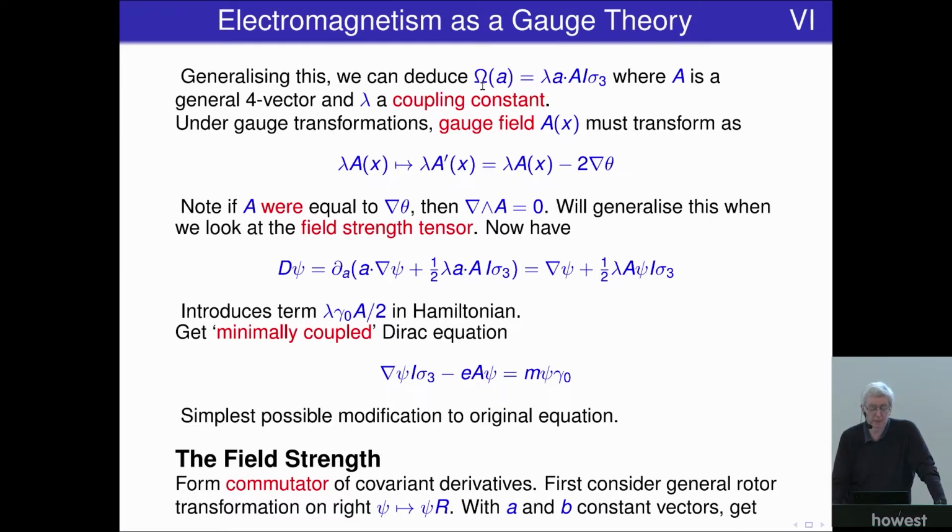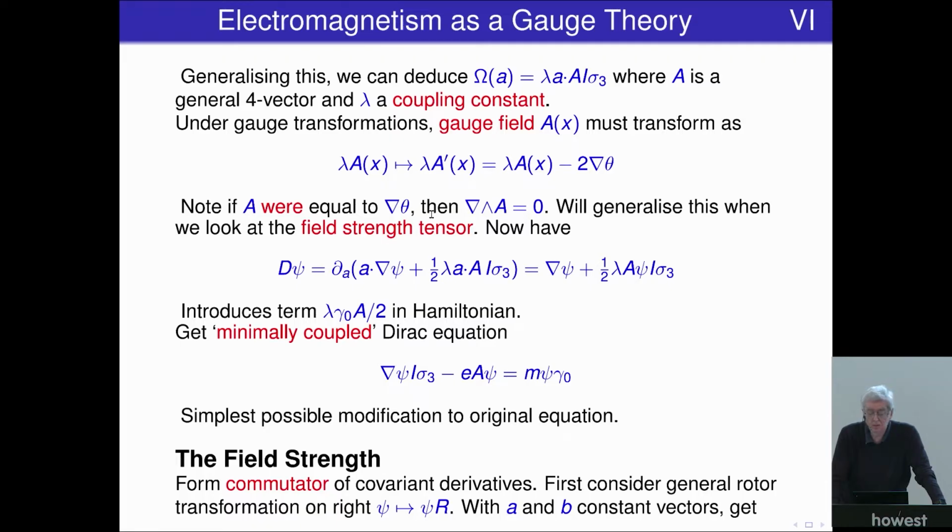We call it lambda here, to write that omega of A, this connection, is lambda A dot big A I sigma 3. And you can see that is indeed a bivector because it's I sigma 3, and it's a linear function of A. And under gauge transformations, the gauge field A must transform like this, right?